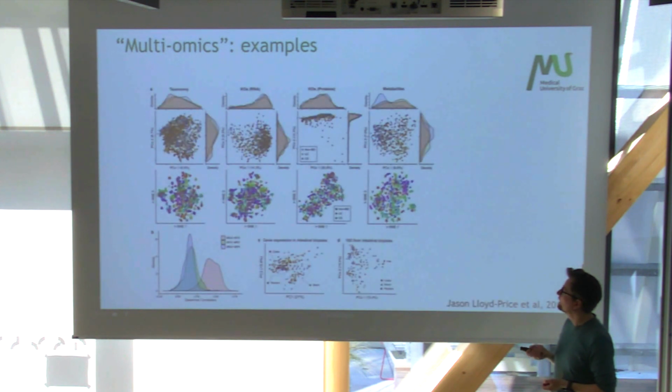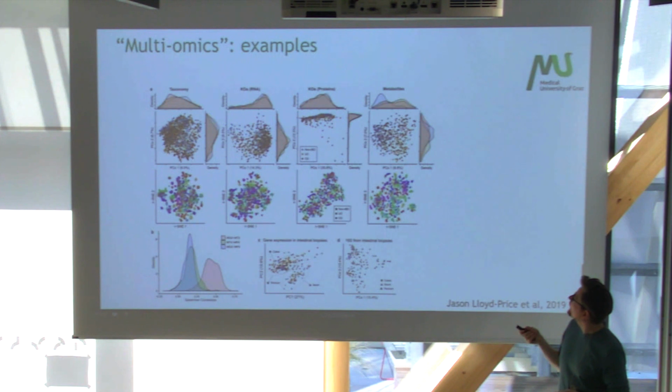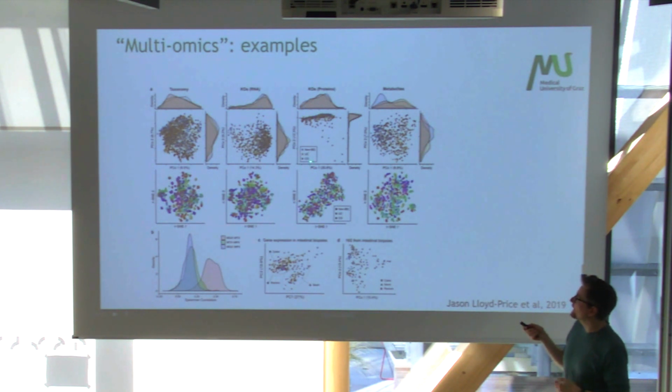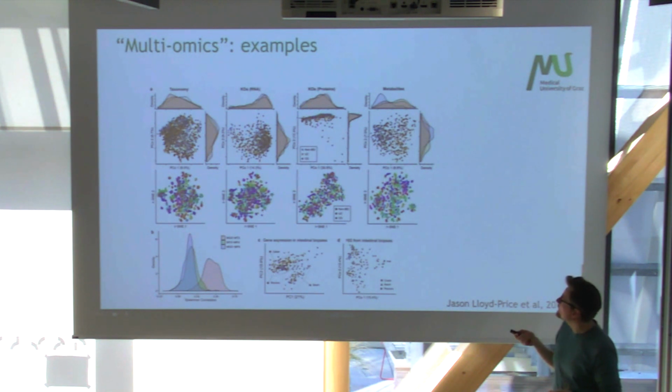When you look here, for instance, you get these different area plots for taxonomy, RNA, proteins, and metabolites. This is a study about IBD patients and the comparison of ulcerative colitis and Crohn's disease. These figures should just illustrate how complex the journey to the final publication can get if you record more and more data.